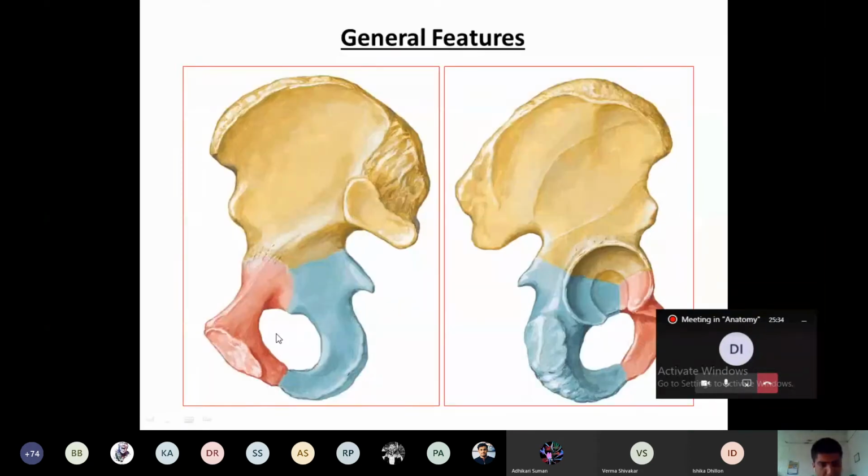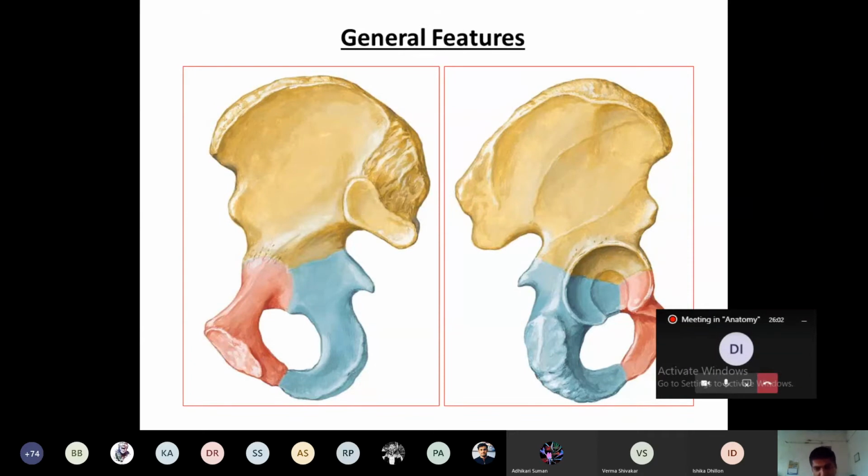So what is the obturator foramen? Obturator foramen is a foramen which is lying in between the pubis and the ischium. If you see this foramen, in the male it is larger than in the female. In the male the obturator foramen is oval in shape, whereas in the female it is triangular in shape.